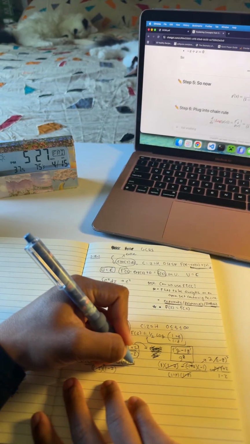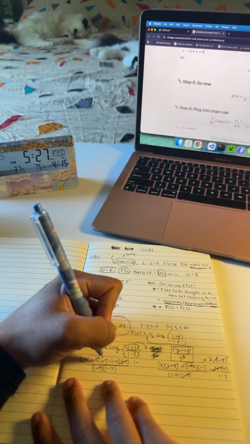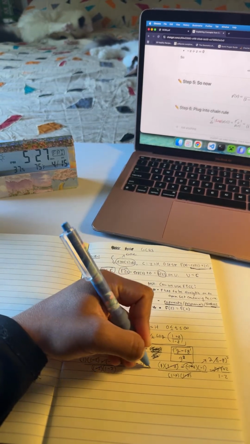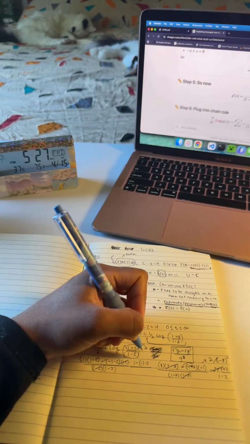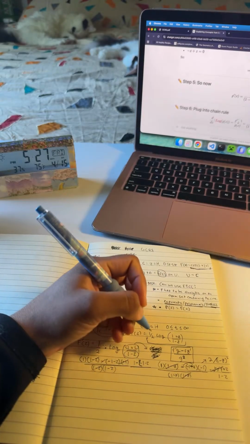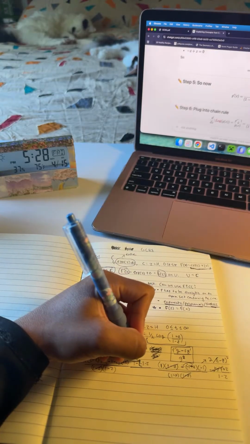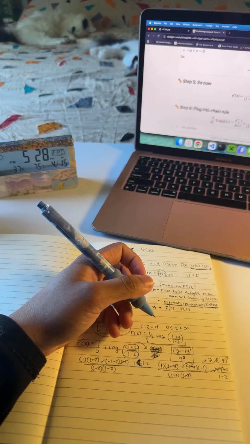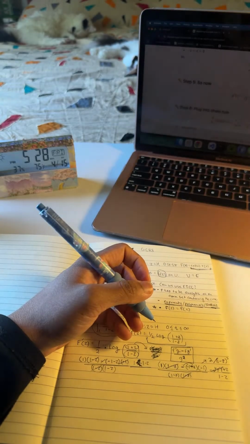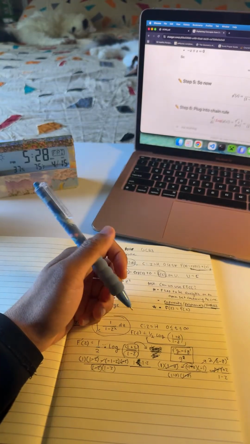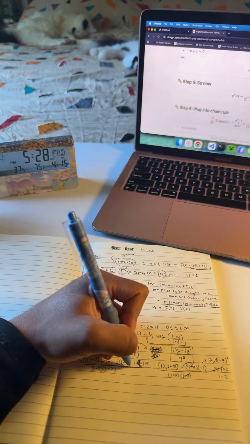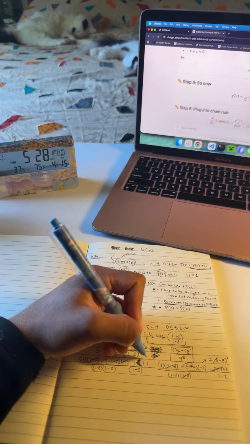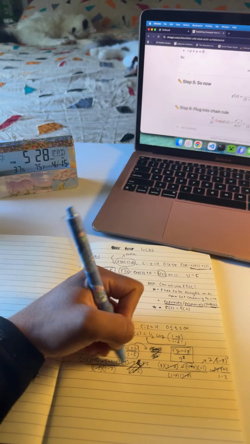I get 1 minus minus, so that just goes to negative 1 minus c. Oh no. That's so confusing. Oh my god.